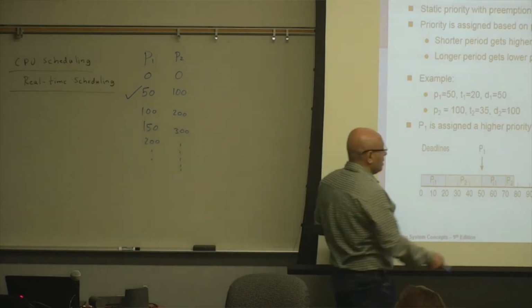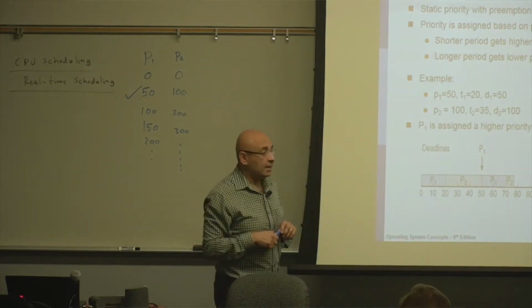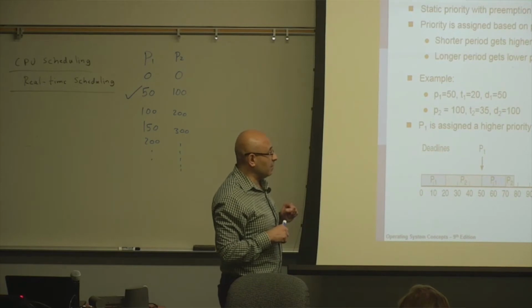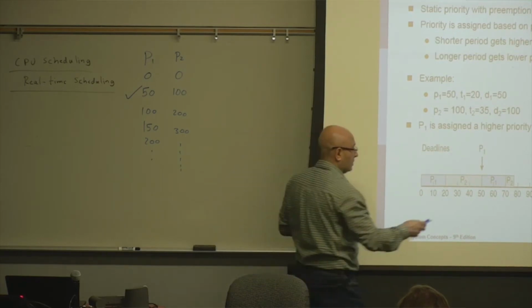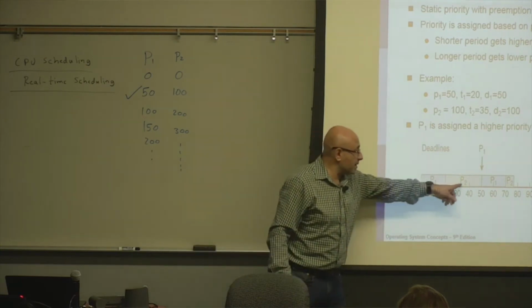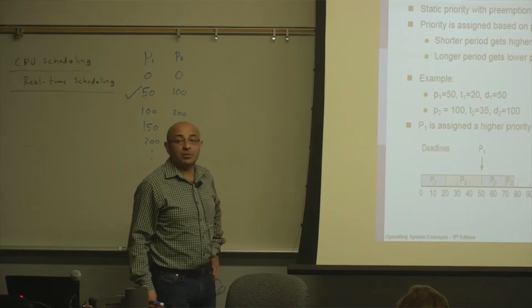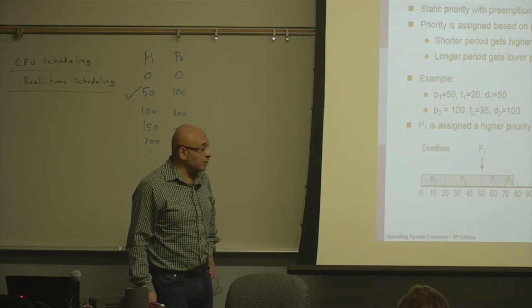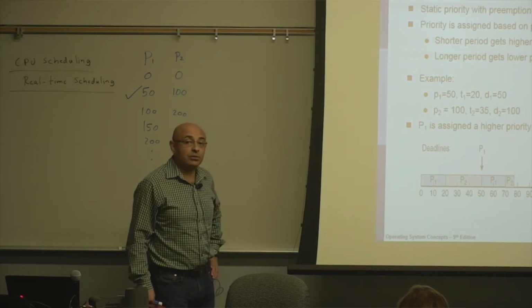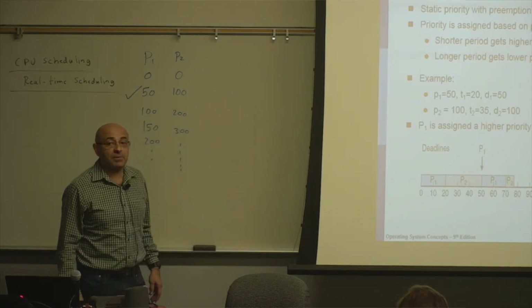So this second burst of P1 arrives, and the system is going to say, okay, now on the ready queue I have both P1 and P2. Now the system will have to decide whether to keep the CPU with P2 or preempt P2 and give the CPU to P1. And this decision here, in this case, will be made based on what?